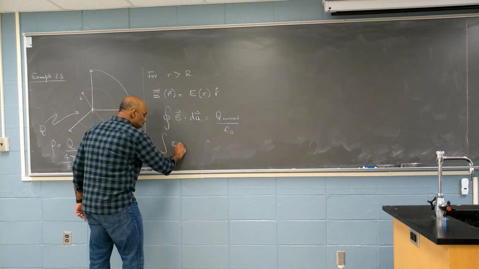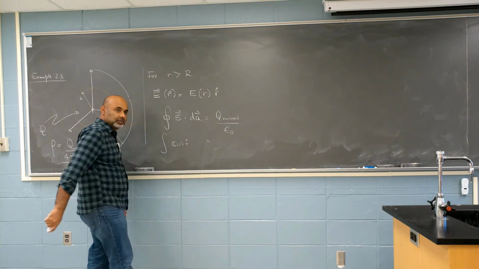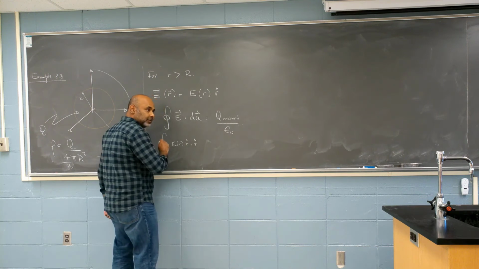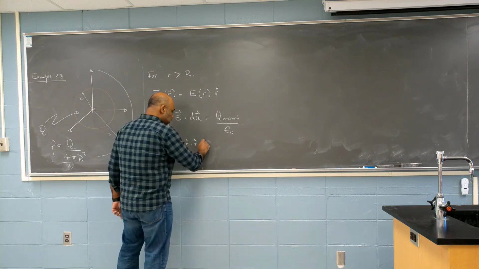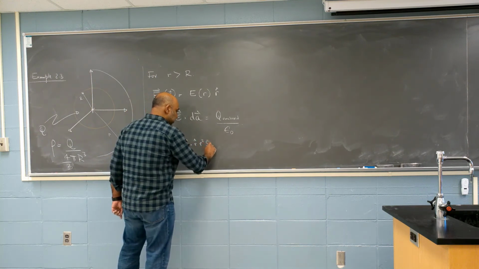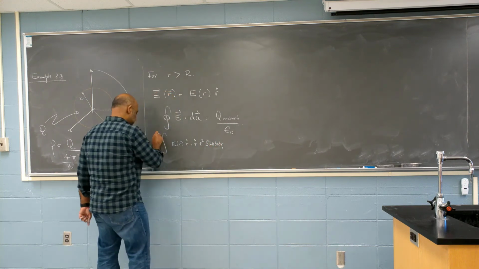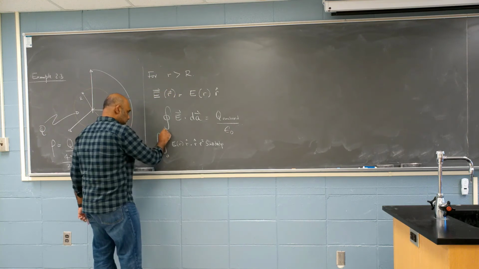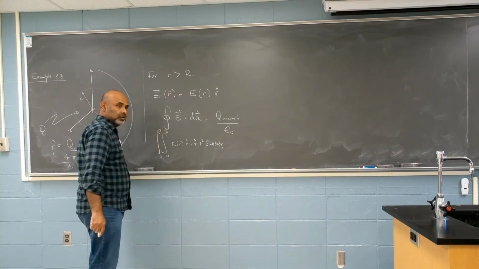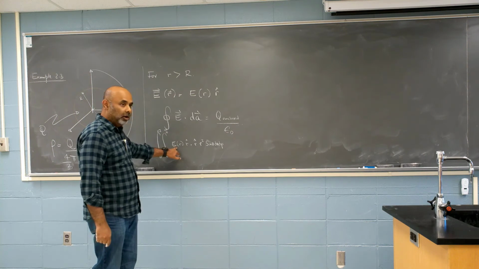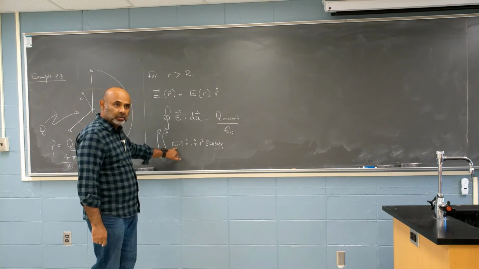E sub r hat dot r hat r squared sine theta d theta d phi. r hat dot r hat is 1. This is a function of r. Are we integrating over r? No.